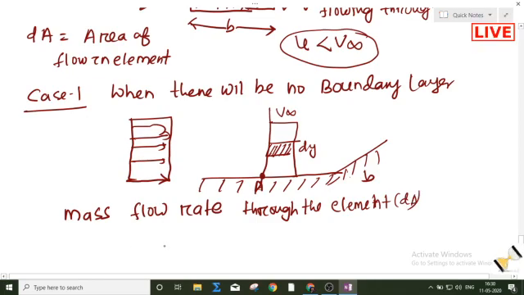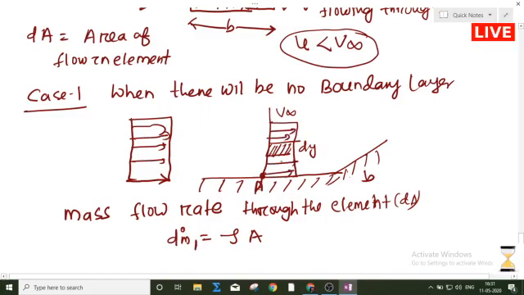what is the mass flow rate? Suppose I write this as dm1. That is rho into this area into the free stream velocity. The velocity has not been reduced; it remains constant as there is no formation of the boundary layer. So this is rho into u infinity. What is this area A?